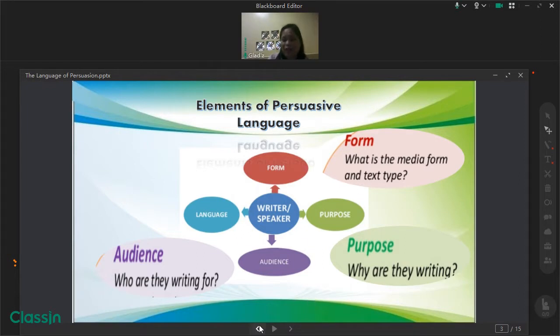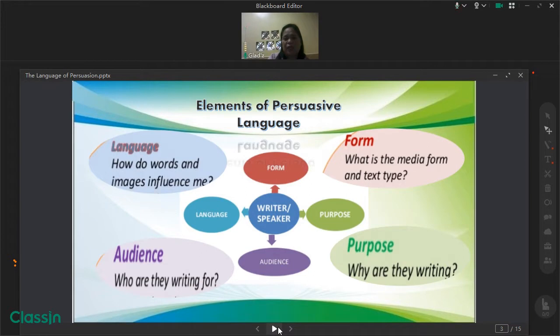And then the last one is the language. How do words and images influence you?